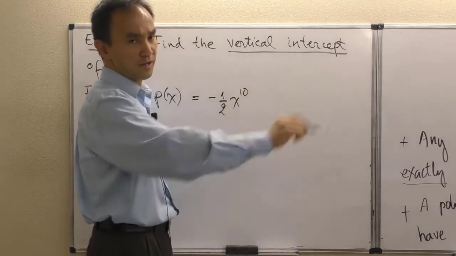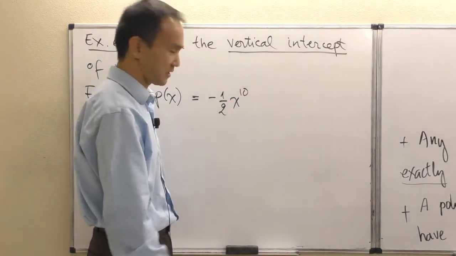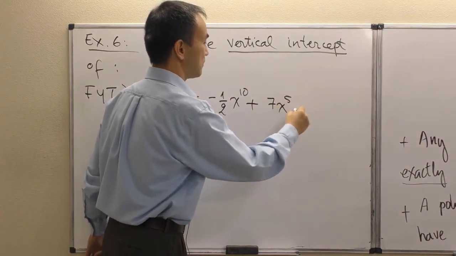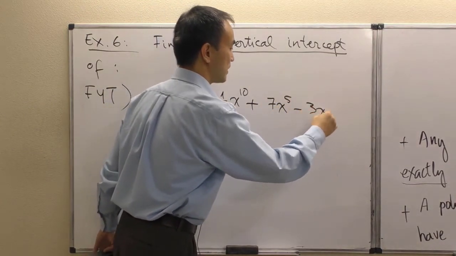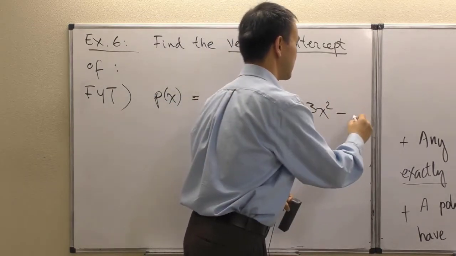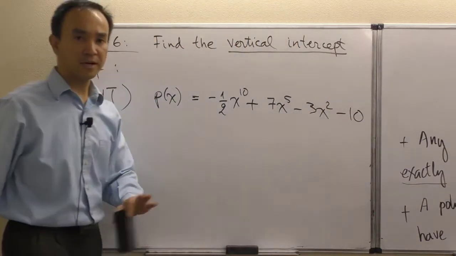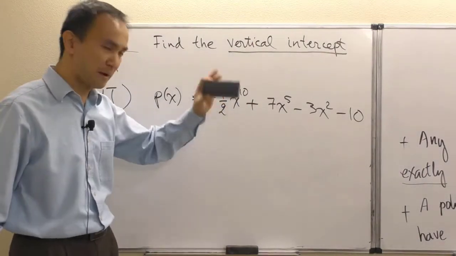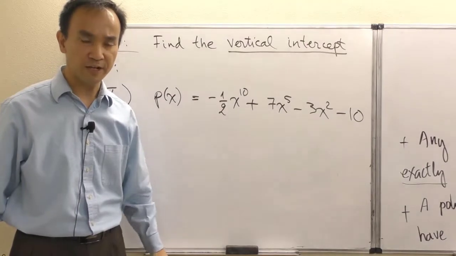I'm trying to go with as crazy a power as we can. Crazy coefficients, having fractions and negative signs, and high degree. It's an FYT for anyone to try.